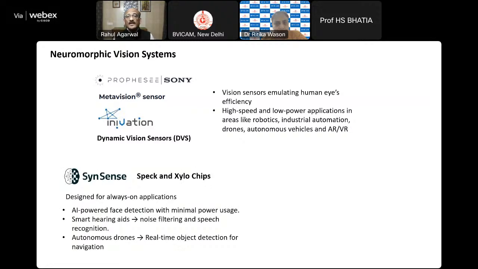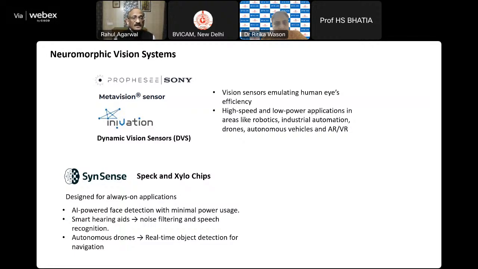Then there's a company called SynSense, which has two products called the Speck and Xylo chips. While the earlier two companies were focusing more on vision systems, SynSense has processors for other senses as well. These are designed for always-on applications, such as AI-powered face detection with minimal power usage.